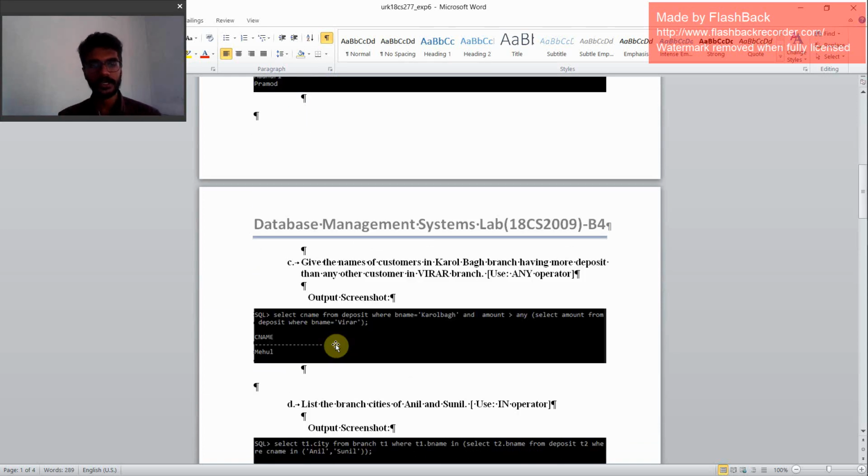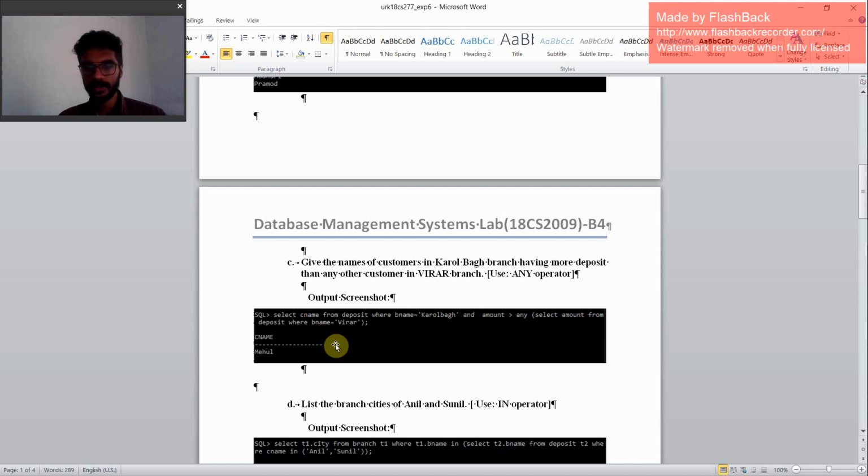Now let's go to the third question: give the names of the customers in Karol Bagh branch having more deposit than the other customers in Virar branch. Use the ANY operator. Here you select the customer name C name where B name, the branch name, is Karol Bagh, and amount should be greater than the amount of customers in Virar branch: select amount from deposit where B name is Virar.